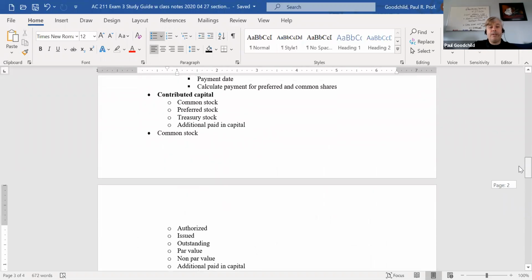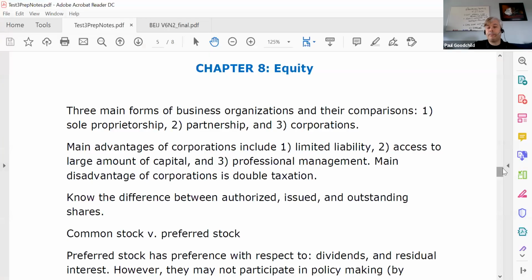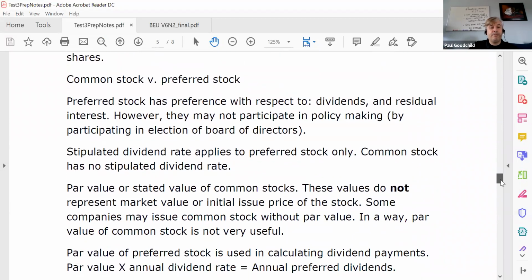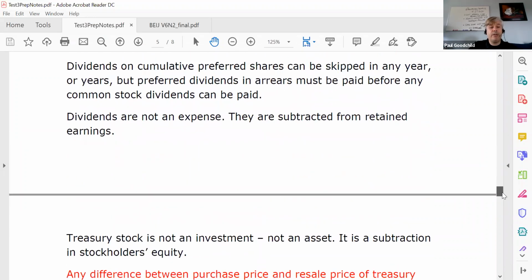So any questions on chapter 8? I'm going to go over it just quickly and walk through. So again, a little bit more going back into the types of businesses, some of the advantages, common versus preferred. So it answers some of the outline questions that I have.